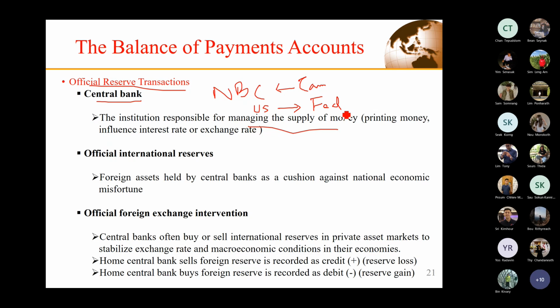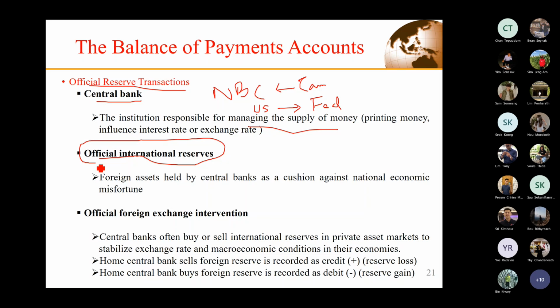Okay, so that is the central bank. And what is the reserve? Okay, so reserve, we call that generally the reserve. When you hear the word reserve in international finance, it is referring to the official international reserve. So what is that official international reserve?